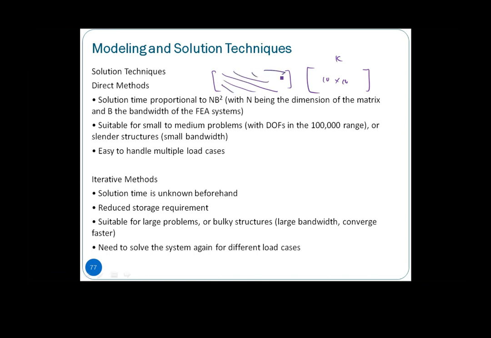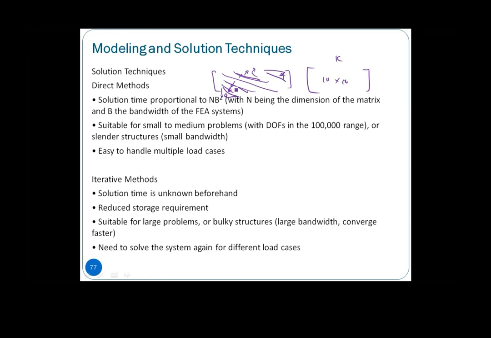If this part is 0, the non-zero part depends on how wide the band is in your matrix itself. So it covers the interactions between one element and another element.